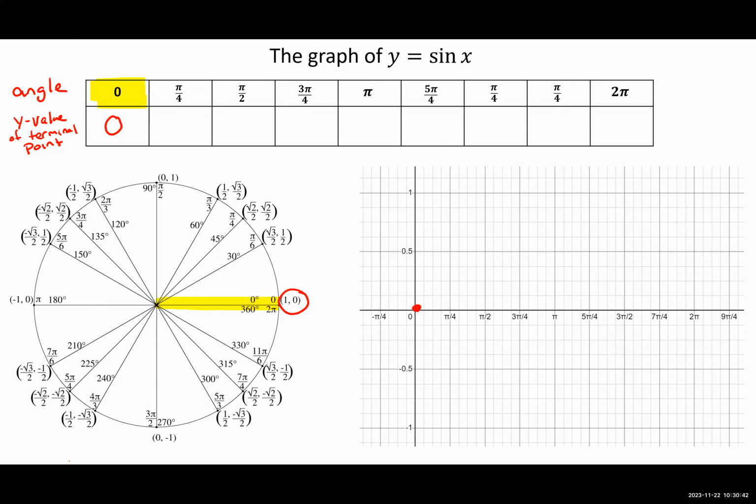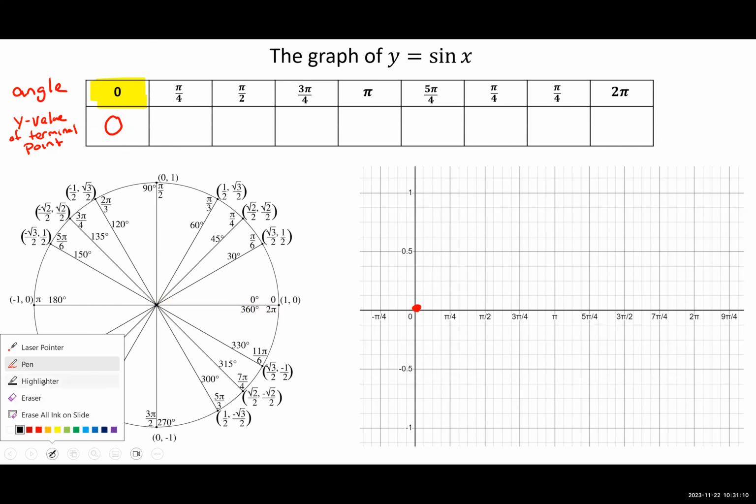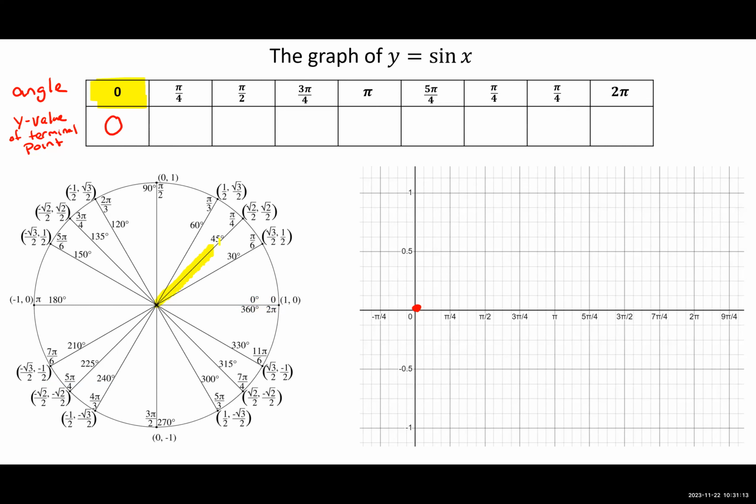Each one of these is a point on this graph. So our first point is 0, comma, 0. All right, moving on. When the angle is pi over 4, and I'm not using every one of these angles, I'm just going in multiples of pi over 4.